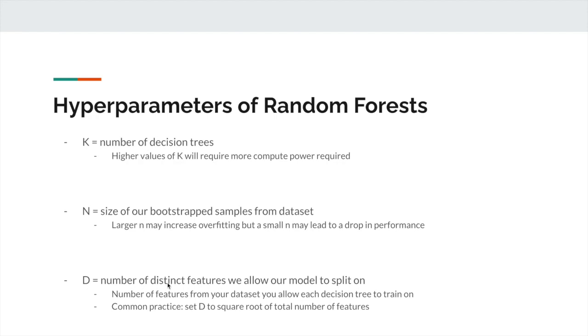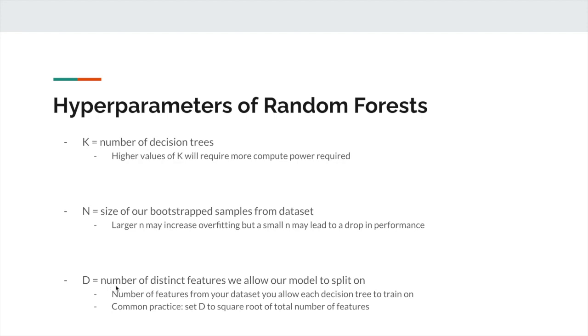D, which was the number of features we allow our model to split on, has a similar function to n in that it de-enriches the quality of our data set, right? Like it makes the data set harder to learn because we're eliminating some features that might potentially be very relevant. And so you also want to strike a balance here between cutting out too many variables by setting D to be very low.